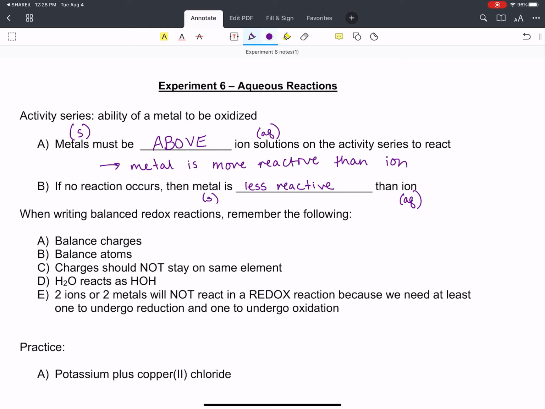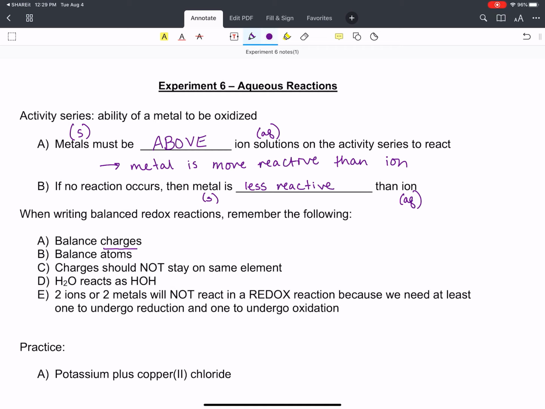When we're writing balanced redox reactions, there are a few rules that we need to keep in mind. One thing that we don't think about as much when we're balancing double displacement reactions is the charges. Whatever charge you have on the reactant side has to be the same as the charges on the product side, keeping in mind that the charges will not necessarily be, and in fact can't be, on the same atom.